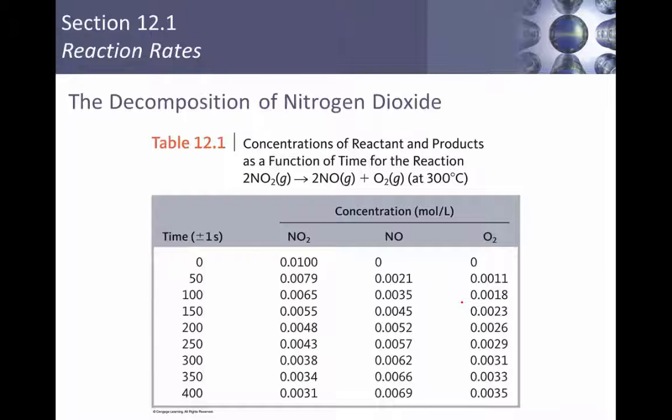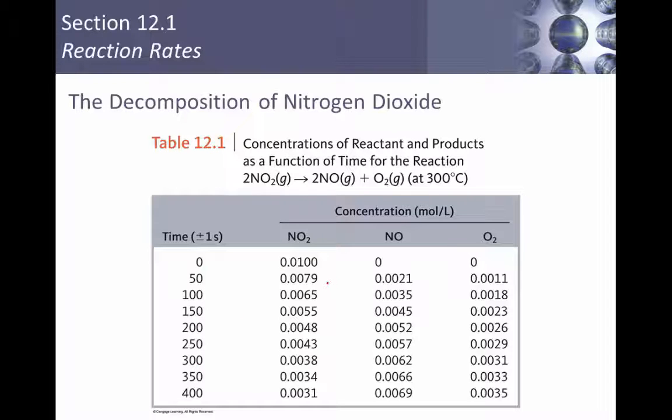In this slide now we're looking at a decomposition reaction of nitrogen dioxide. Here you see it decomposing into these different substances, and we've got some data on each of the substances and how their concentration is changing over time.